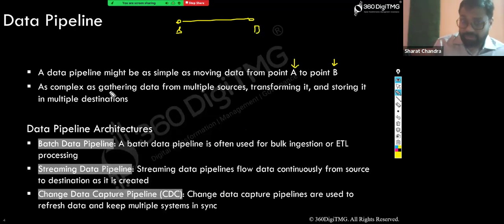But again, this could be very, very complex. Because in certain organizations, you may have only one touch point where customers interact and data is getting generated at this one point. So this becomes the source, and you're moving that to a destination where the various other teams can actually get the data and use it for their respective purposes.